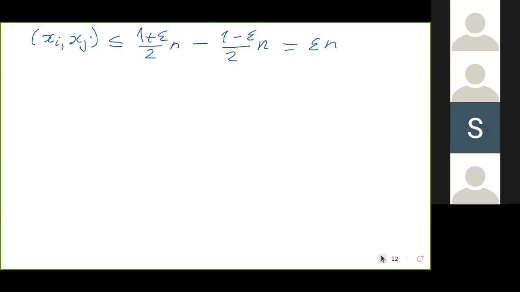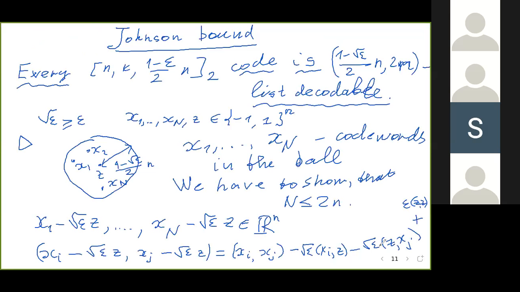Now, the second and the third terms may be bounded using that xi lies inside the Hamming ball of that radius.